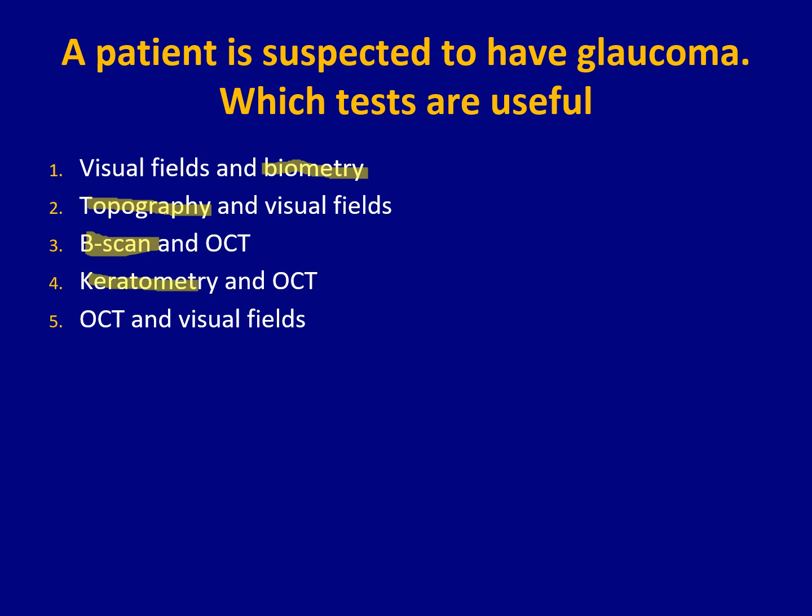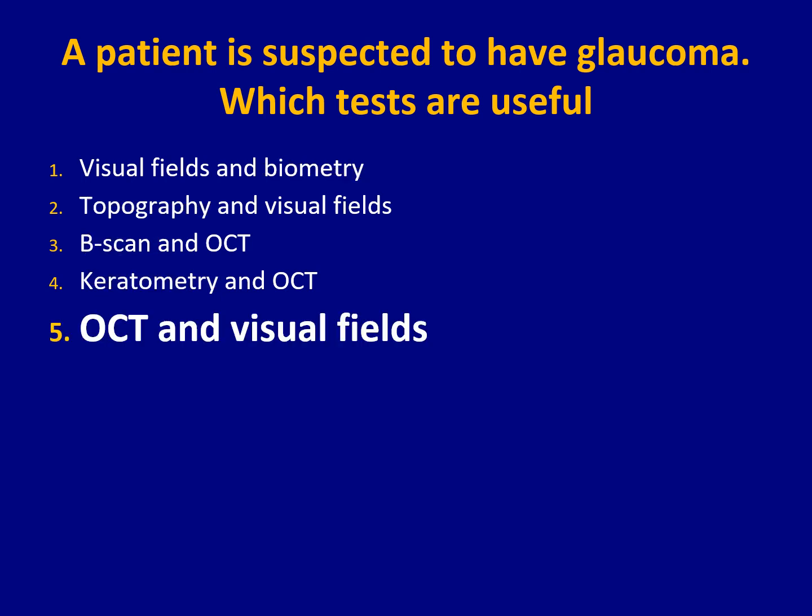Keratometry and OCT. Keratometry is to check the curvature of the cornea, so that's not the answer. Number 5 is OCT and visual fields. Both of these are used to assess the status of the retinal nerve fibers and the visual fields. So this is the answer. OCT and visual field is the answer.